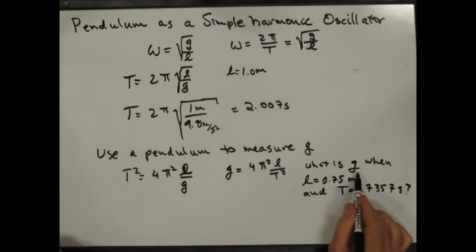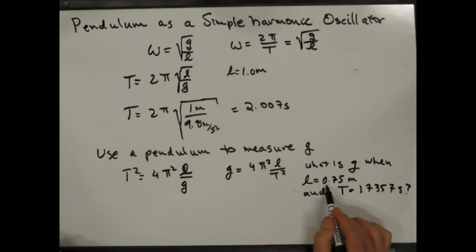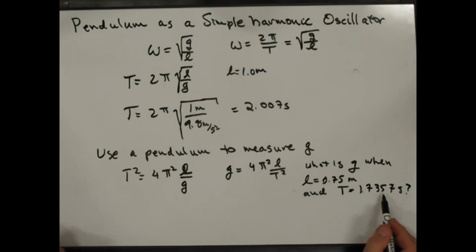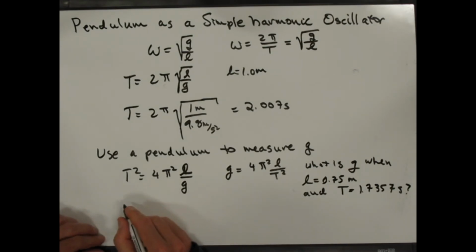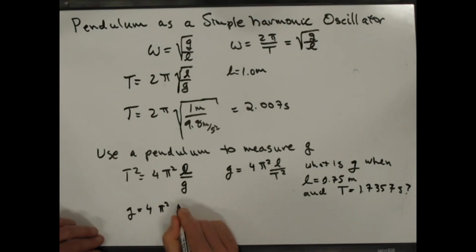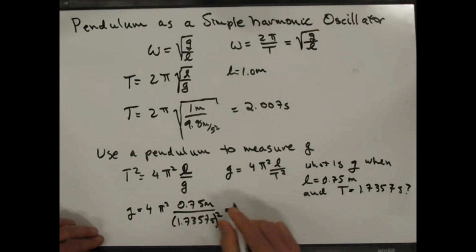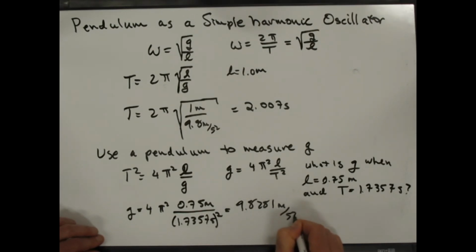So we can say, what is g if L is equal to this and the period is equal to this, right? And so if I evaluate that, I get g is equal to 4 pi squared times 0.75 meters over 1.7357 seconds squared, and I get 9.8281 meters per second squared.